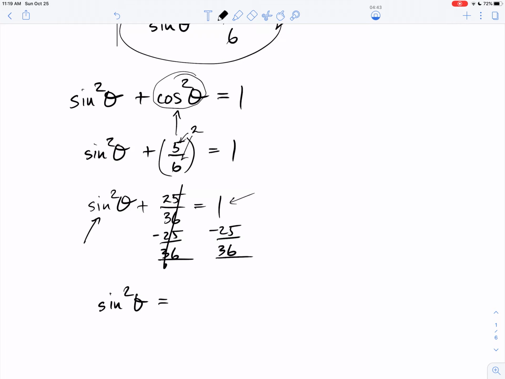Well, I could use a calculator or just say that's the same thing as 36/36 take away that. I would get 11/36.